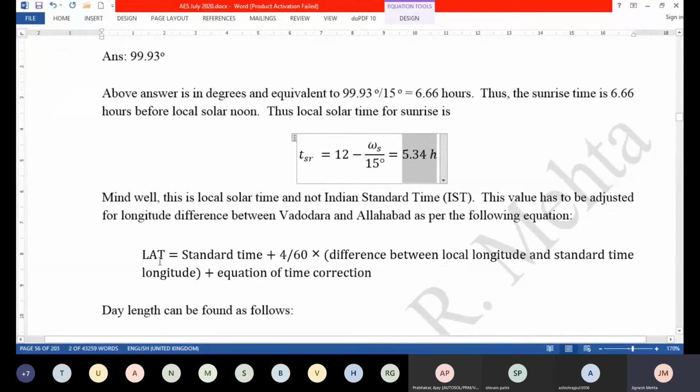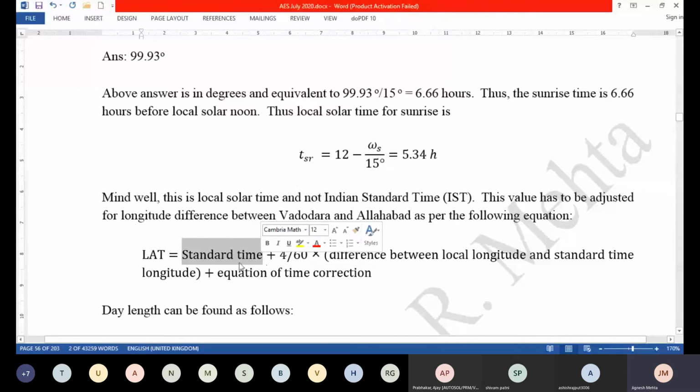But if you want to get this standard time, let's say you want to wake up in the morning to witness the sunrise, and you want to know at what time I should put my alarm. For that you need to know the standard time at which the sunrise will occur.